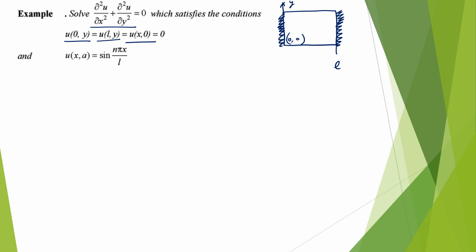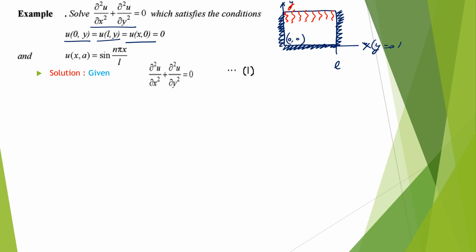When y is 0, at the x-axis, this edge is also again at 0 temperature, and the only place where we are getting the temperature difference is this. So temperature will travel from this edge. That means the negative sign we have to consider with the y direction after separating.